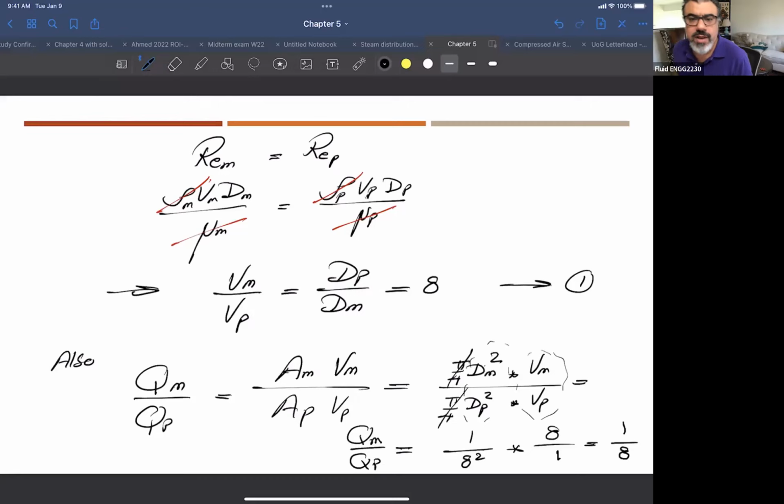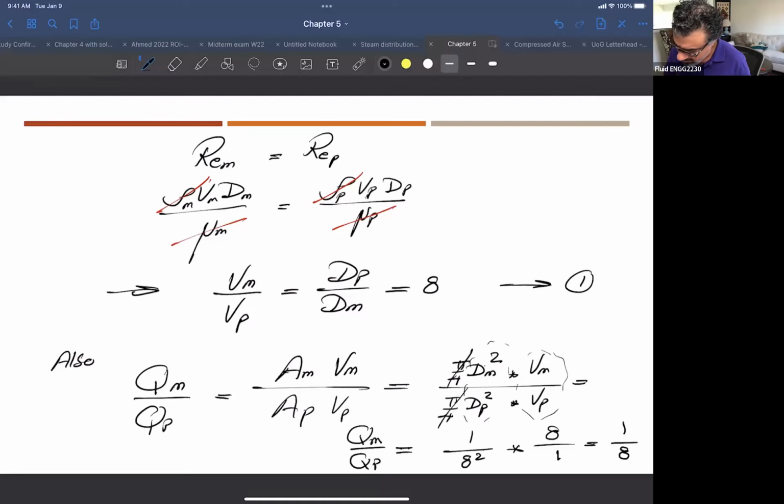So if I know a flow rate in the model, I can find out the flow rate in the prototype. Or if I know the flow rate of the prototype, I have to test the model at the flow rate in the model based on this relation, right?